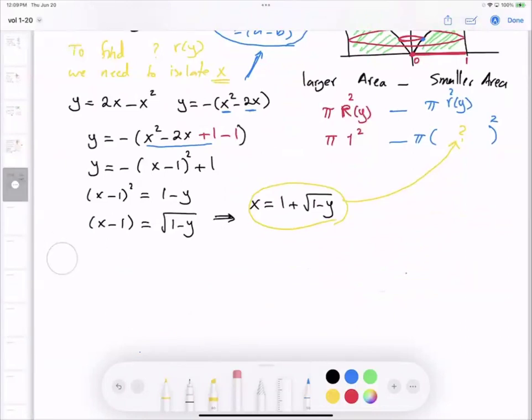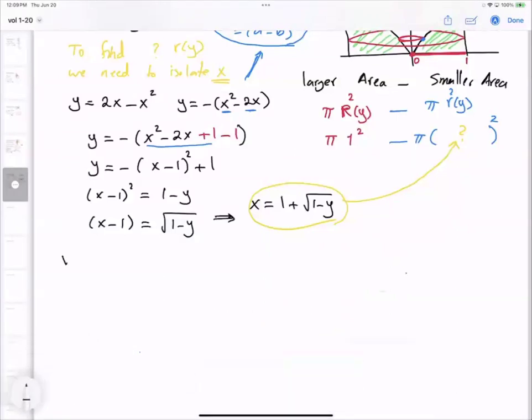So the volume is equal to the definite integral 0 to 1 of pi times 1 minus pi times (1 plus the square root of 1 minus y) to the second power dy.